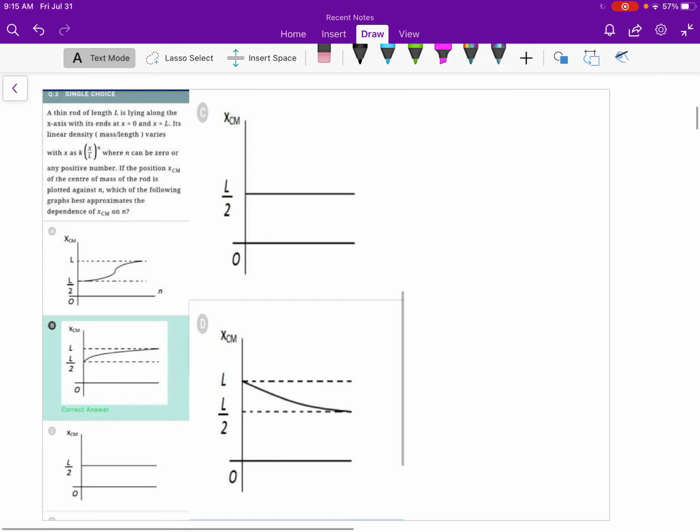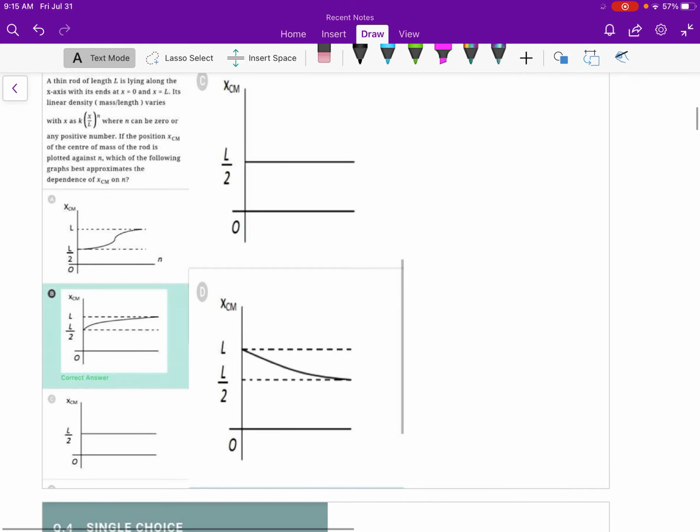Thin rod, linear mass density is varying as this, and the center of mass x coordinate. Okay, so we can guess without solving it. When n is 0, that means the linear mass density is constant, then center of mass should be at x equals L by 2. And as linear mass density increases, the second half will have more mass as compared to the first half.